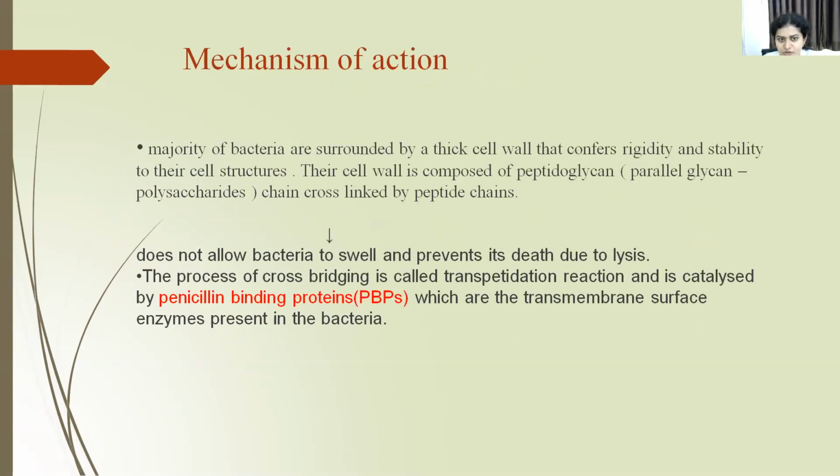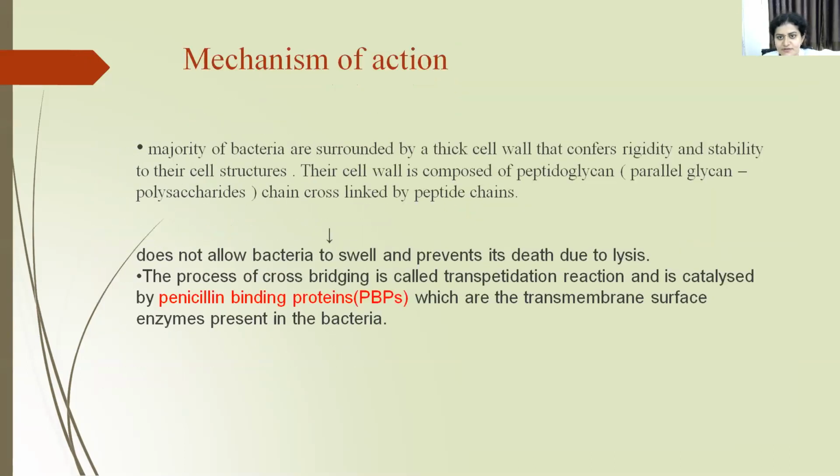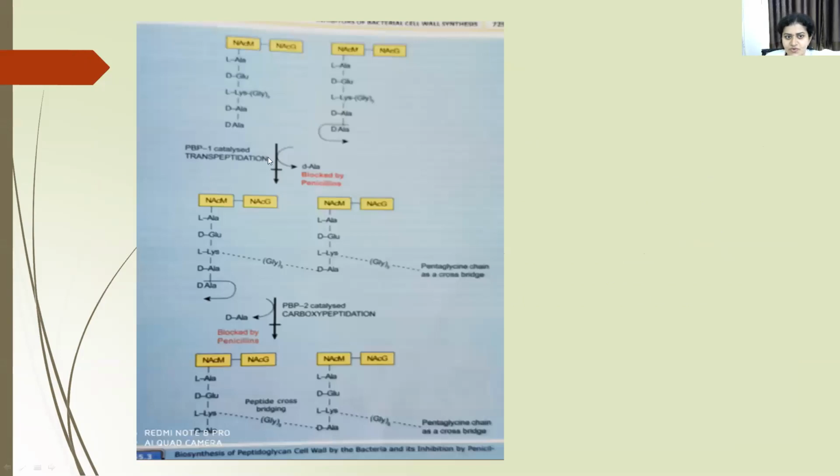The transpeptidation process, which I already told you, is this: penicillin binding protein 1 causes transpeptidation, removing the D-alanine chain and cross-linking the remaining D-alanine with L-lysine through the pentaglycine side chain. This step is blocked by penicillin. So penicillin will block the penicillin binding protein 1 catalyzed transpeptidation.